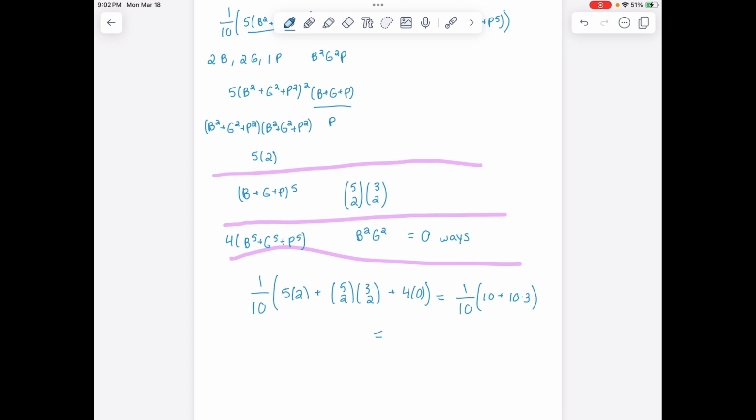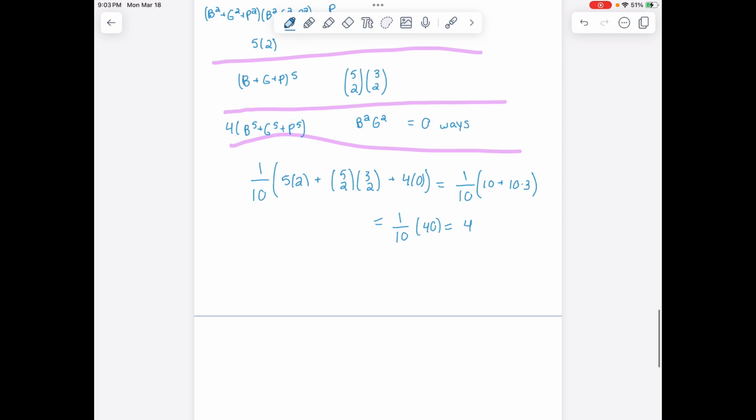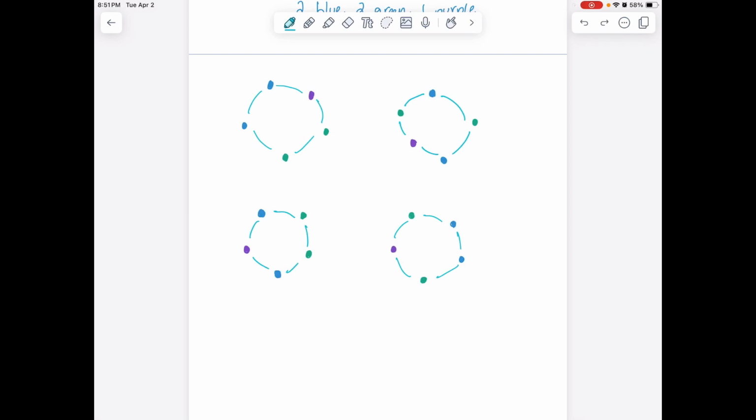So this is equal to 1 over 10 times 40, which is 4. So there are 4 distinct necklaces with 2 blue beads, 2 green beads, and 1 purple bead. And here we have what the 4 different necklaces would look like.